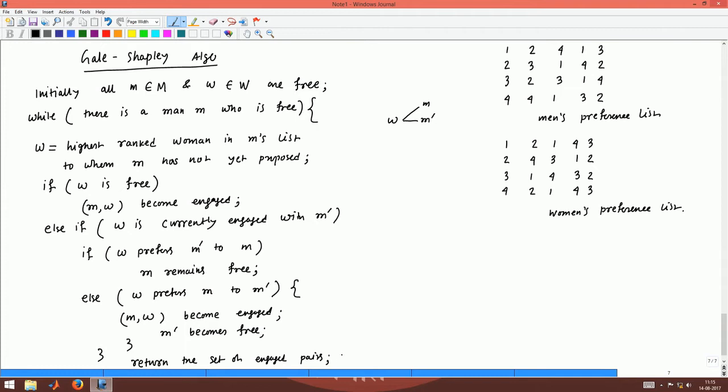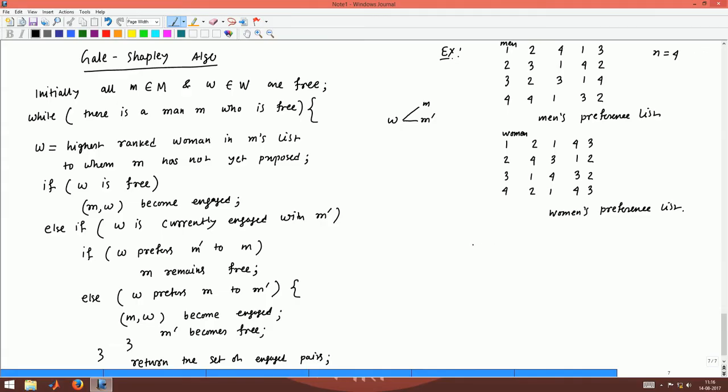Before proving that part, let me just illustrate this algorithm using this example. Suppose this is the input to this algorithm where n is equal to 4. There are 4 men. So, this is the men list and the men's preference lists. These are the 4 women and their preference lists. Well, initially you see that everything is free, all men and women are free.